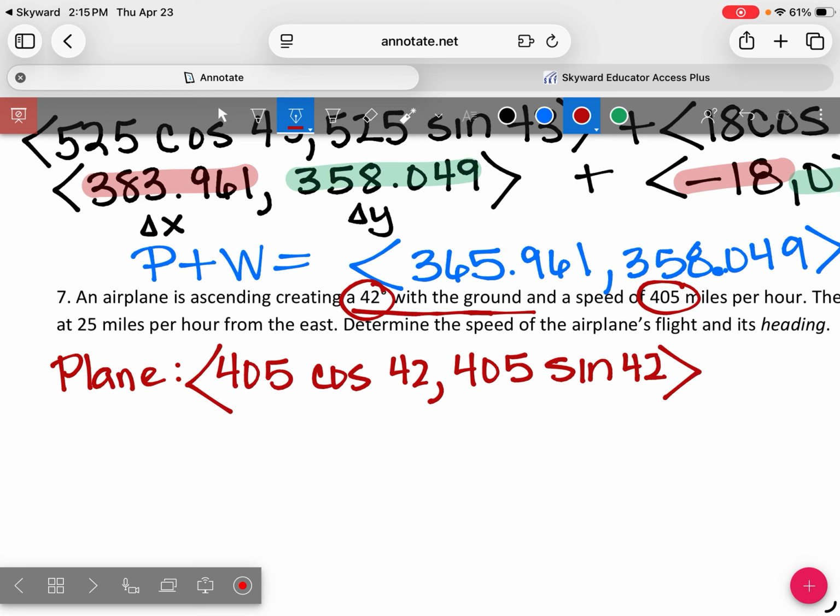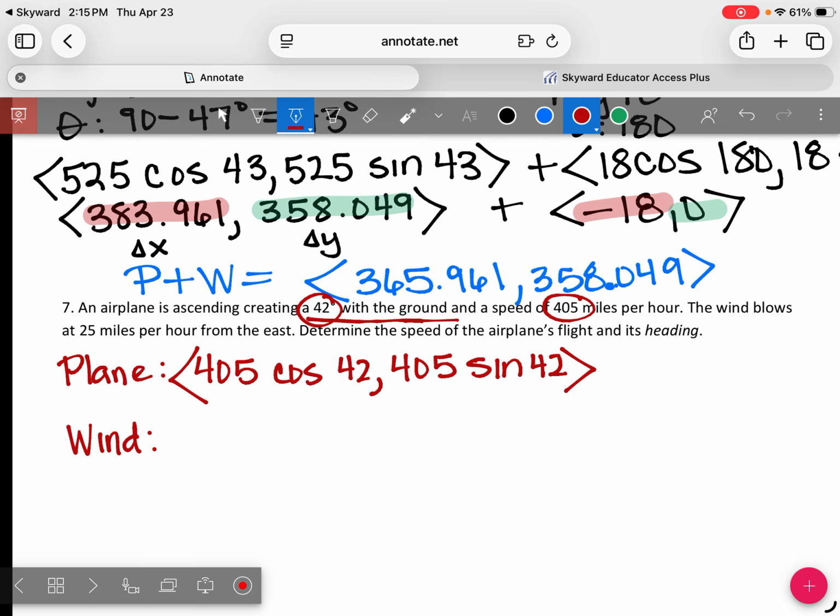Now let's talk about the wind. It says the wind blows 25 miles per hour from the east. From the east. Is that 0 degrees or 180 degrees? 180.